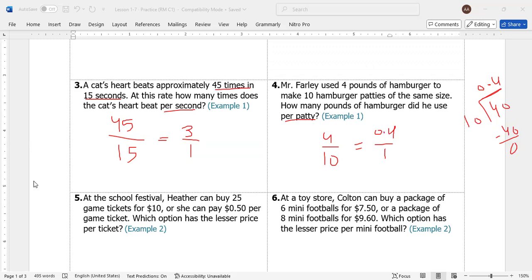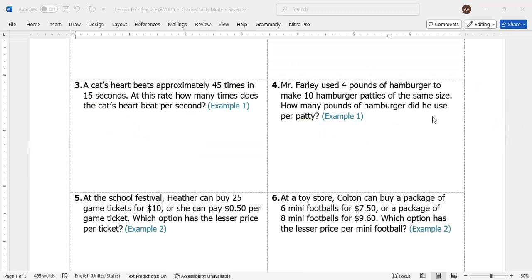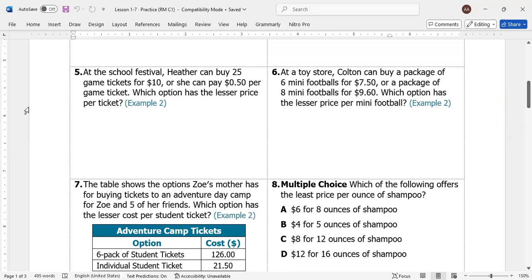Then same on, if we have the price, we will always write the price in the numerator. For example, question 5, 6, 7, and 8. We will write the price in the numerator. Now we have been given two different choices. At the school festival, she can buy 25 game tickets for $10.